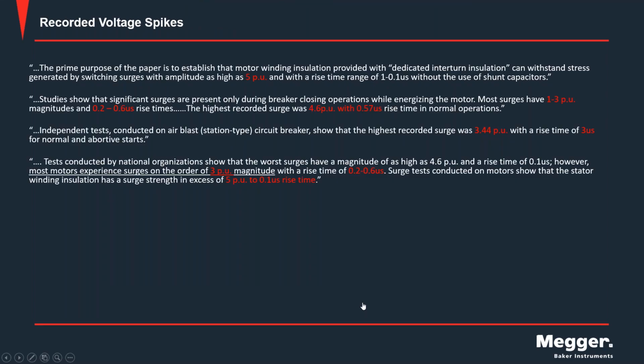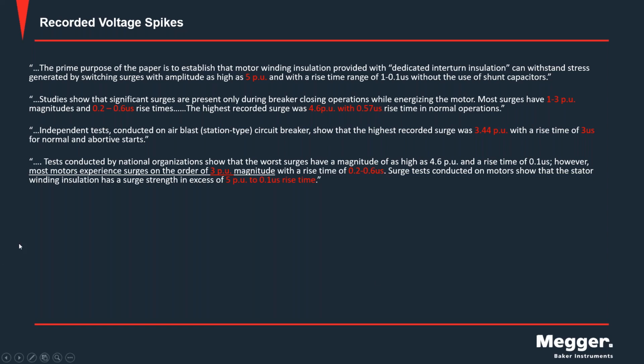Studies have been done to see how high these voltage spikes are. Here in this paper, I've got the highlighted areas. The highest recorded surge was 4.6 with a rise time of 0.5. Magnitudes usually are between 0.2 to 0.6 on the rise time.